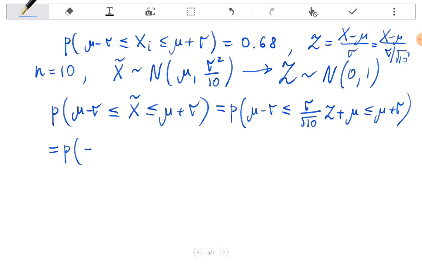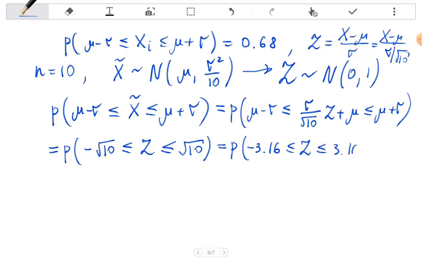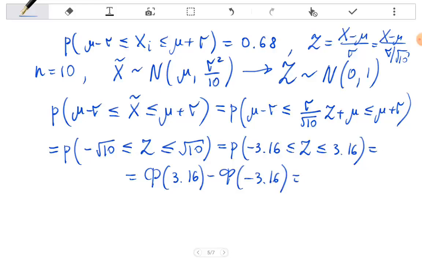So we get square root of 10 for z and square root of 10. In fact, this is the square root of 10, approximately 3.16. And if you calculate it, this is in fact the cumulative distribution function at 3.16 minus the cumulative distribution function at minus this number, which you can find using a table, and you can find that this is 0.9992 minus 0.0008. So the result is more than 99%.